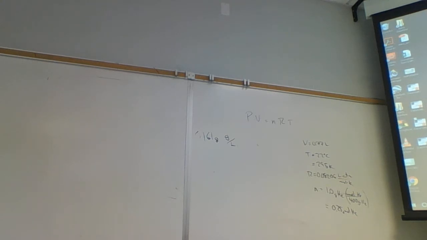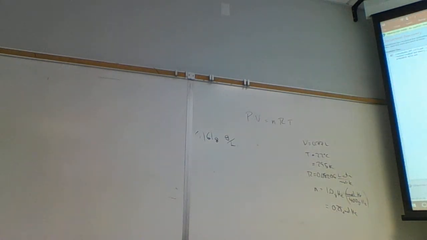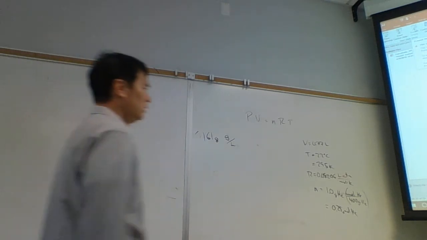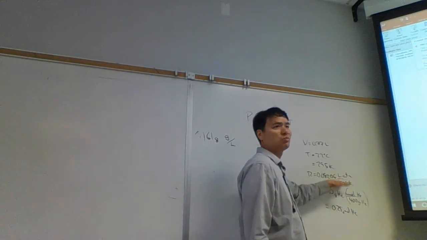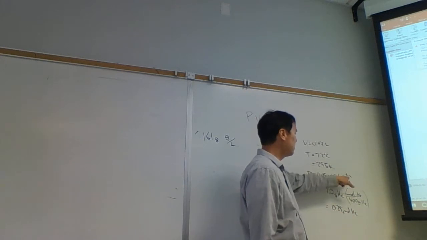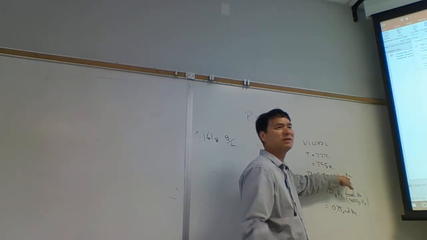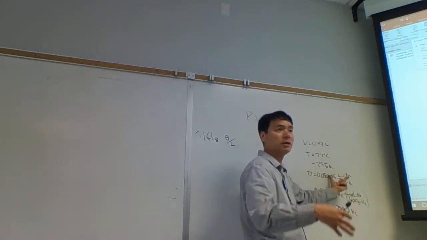And so this is what we're going to do. Do you know there's an R? I don't want to memorize too many R's. I just want to memorize 1 R. And if I'm not using atmospheres, I just make sure I convert to atmospheres before I plug it in here.